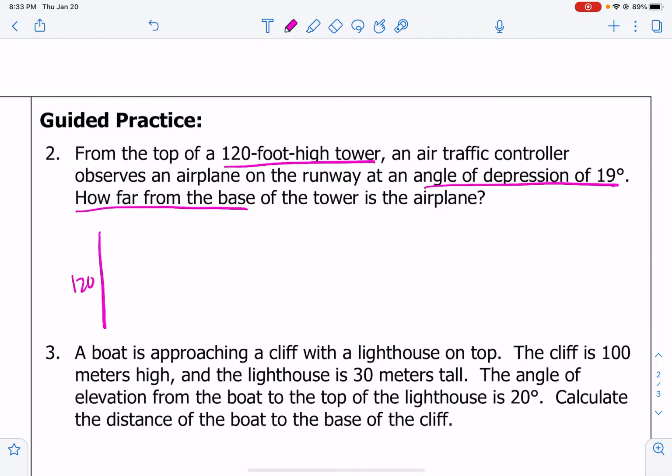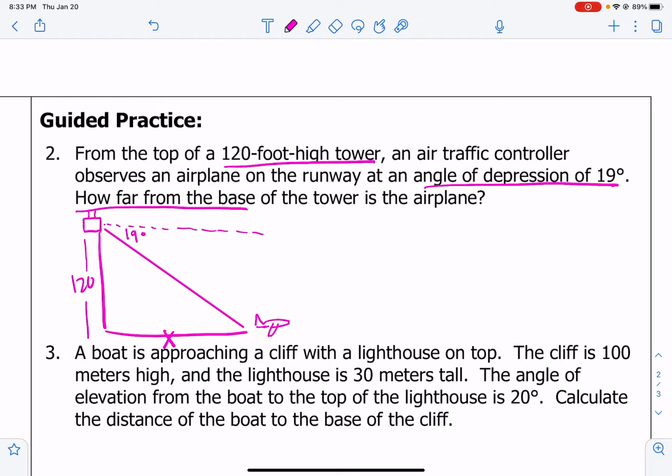That's 120 feet. And we're going to pretend I know how to draw an air traffic control tower. And the guy in the tower is looking down, but he's looking down at 19 degrees. And what I want to know is how far the airplane, don't laugh at my airplane, how far the airplane is from the tower.